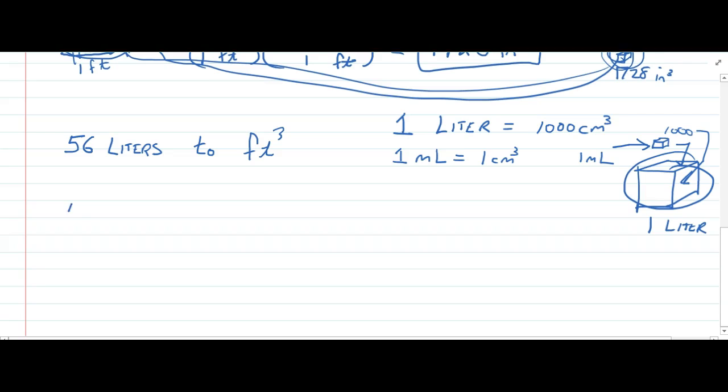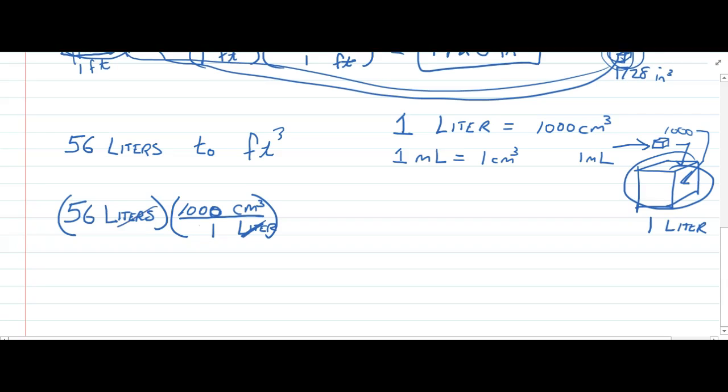So these are volumetric conversions. So let's handle this. 56 liters. What do I know about a liter? I'm trying to get myself into cubic feet. Well, I know that 1 liter, I want liter to cancel, is equivalent to 1,000 cubic centimeters.